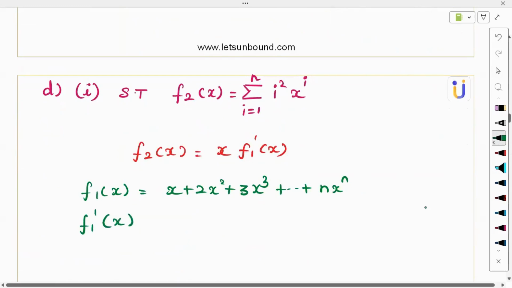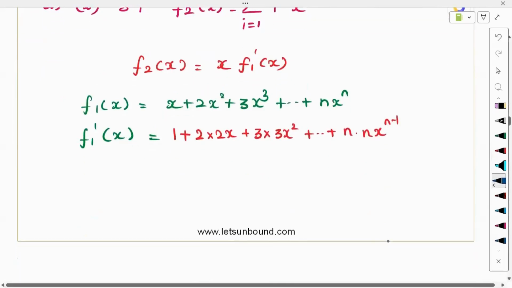F1 dash of x is like a polynomial differentiation. x will become 1, 2 already there, x square will become 2x, 3 already there, x cube will differentiate as 3x square, plus and so on, plus n x power n will be differentiated as n into x power n minus 1. So now we have 1 plus 4x plus 9x square and so on plus n square x power n minus 1. This is f1 dash of x.